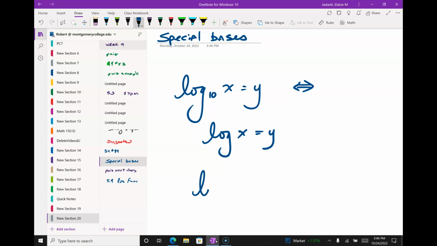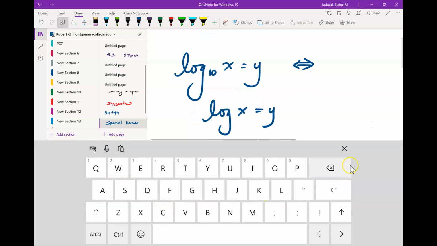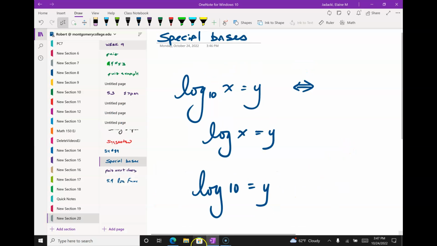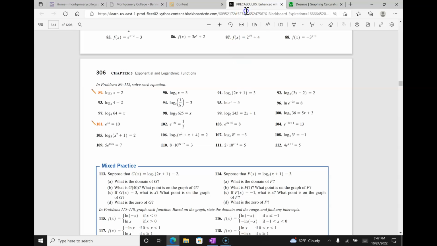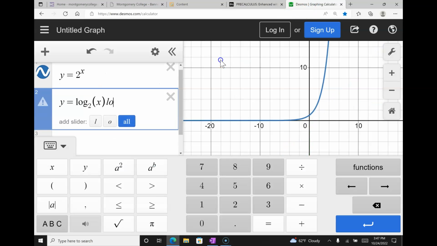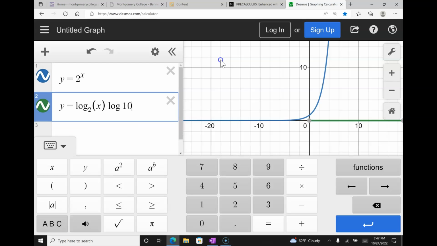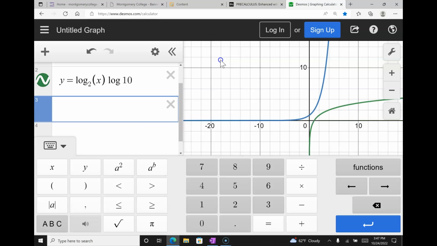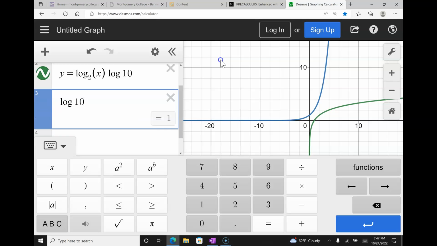So for example, log of 10 is what? Anybody know? If you have your calculator, or if you do it on Desmos, it's fine with me. Log of 10. It's 1.